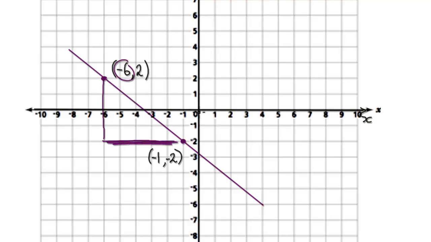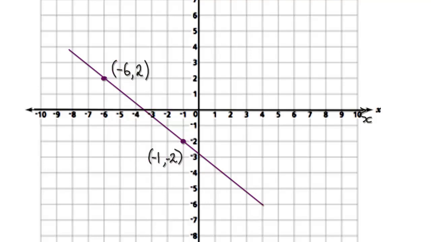Here you've moved -6 back, and then here you've moved -1 back. So the total length will be 5. So you need a way of getting this length of 5 given -6 and -1.